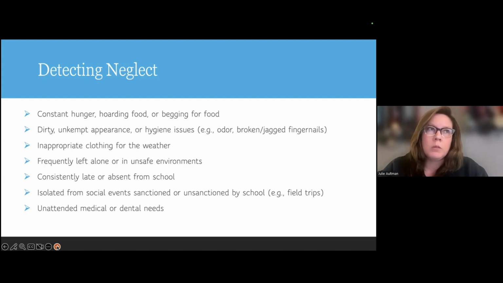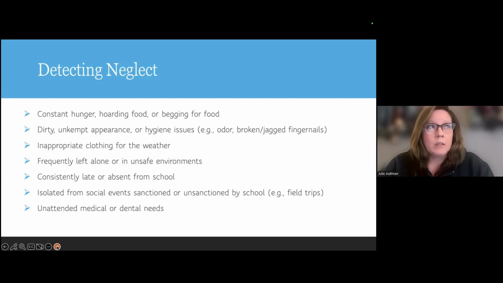You may know some circumstances that they're in. They may come from impoverished areas, underserved areas. And so the question is, is this about neglect or is this about the location? Again, the inappropriate clothing for weather, frequently left alone, unsafe environments.